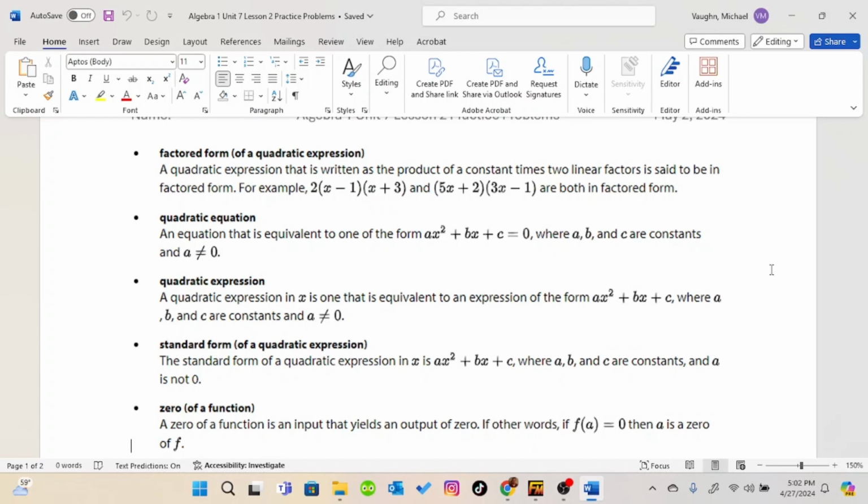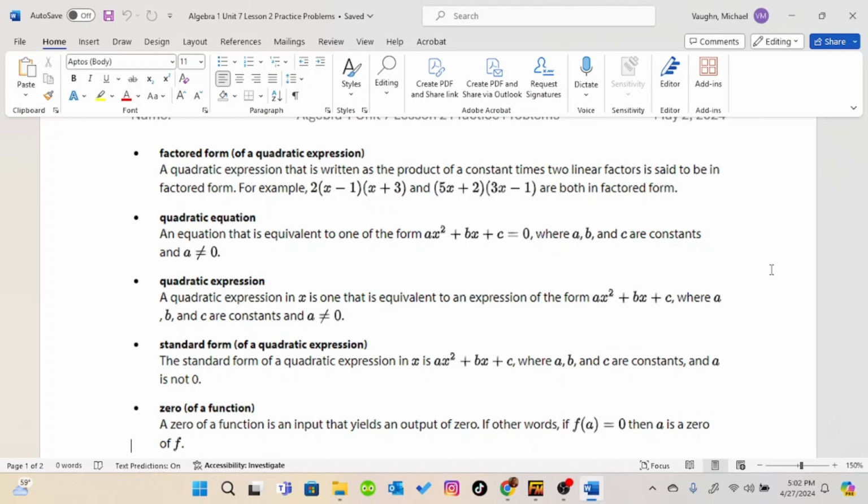Quadratic equation. An equation that is equivalent to one of the form ax squared plus bx plus c equals 0, where a, b, and c are constants and a does not equal 0.